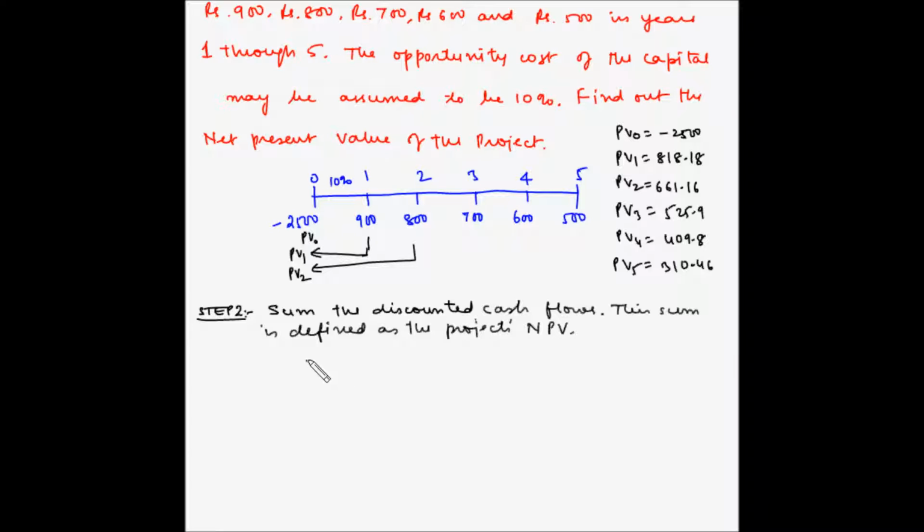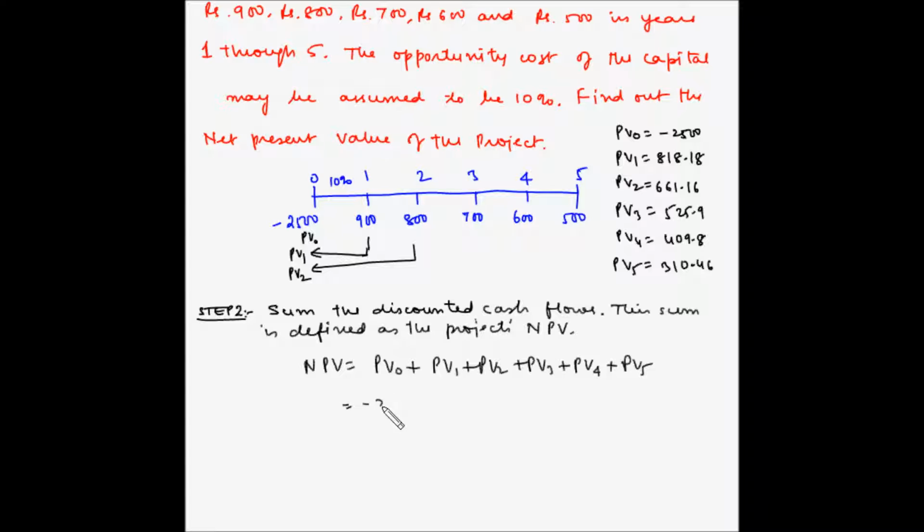So in our case, the net present value will be equal to PV0 plus PV1 plus PV2 plus PV3 plus PV4 plus PV5.